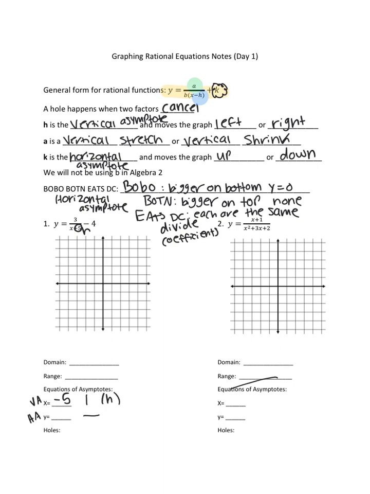So I'll put a little parentheses h. K is your horizontal asymptote. So the -4 that's here, that's your k value. So I have a horizontal asymptote at -4. I'm going to go ahead and draw those out. So you've got a vertical asymptote at -5, horizontal asymptote at -4.